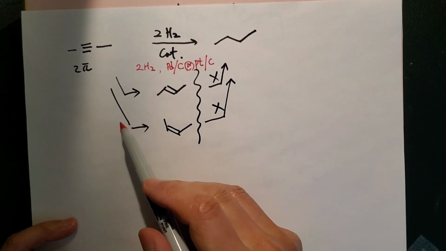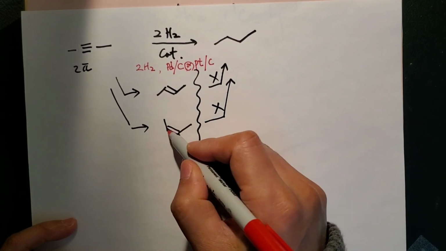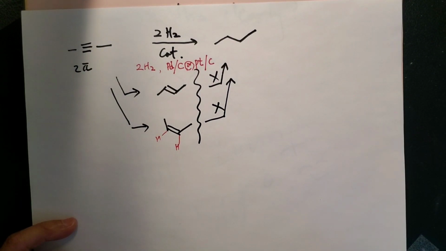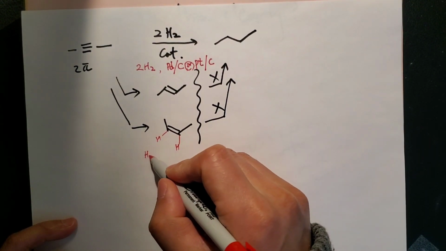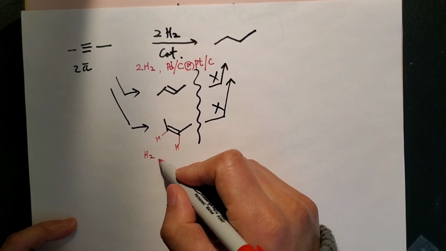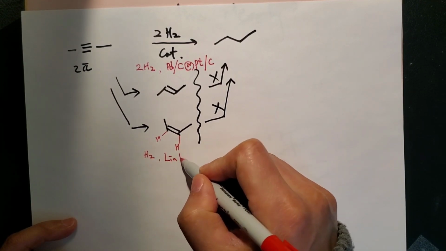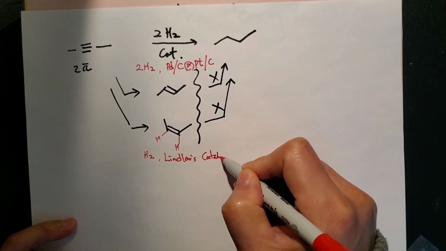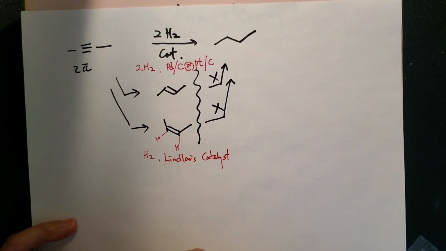If you like to form syn addition, cis product, not going to the alkane, then you want, of course, 1 mole of hydrogen gas, and you need Lindlar's catalyst. Lindlar's catalyst, you need few reagents.